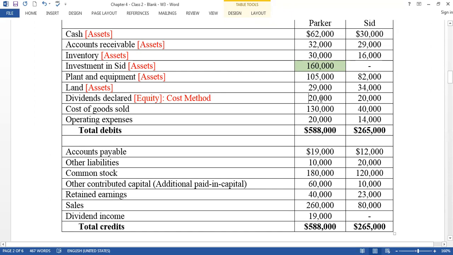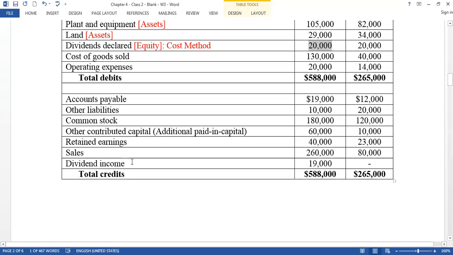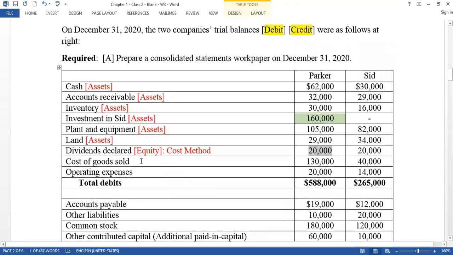So when the company declares a dividend, it is part of the equity. We have income, I will show you later on. Cost of goods sold, we know that this is an expense. Cost of goods sold is our expense. Then other expense is our expense.